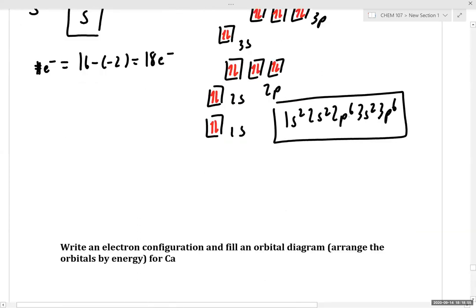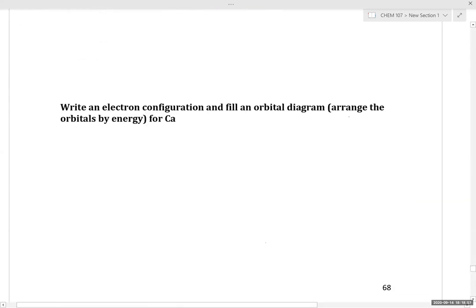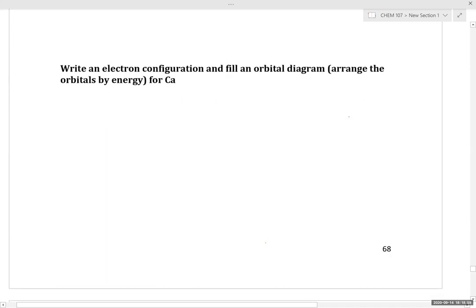Perfect. So let's look at another example and let's write the electron configuration and orbital diagram for calcium. Let's spend about another 2 to 3 minutes on this example and then we'll discuss.